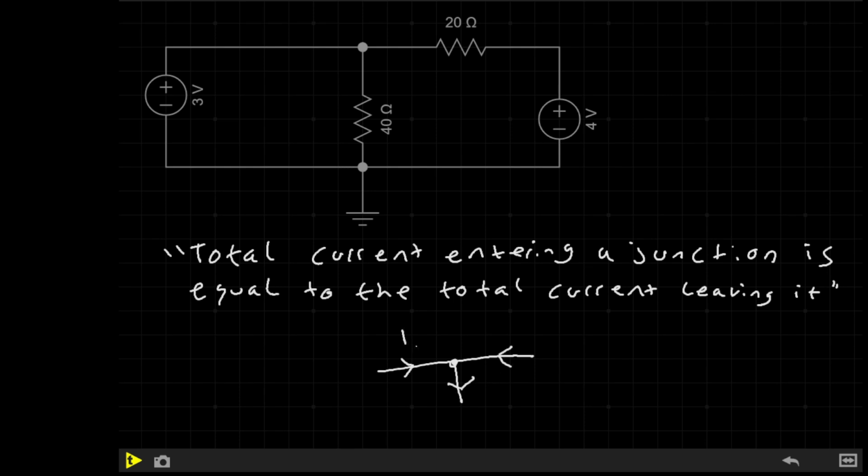Let's say here I have 1 amp, and here I have 2 amps. I know that because the total current entering a junction is equal to the total current leaving a junction, 1 plus 2 means there must be 3 amps leaving here.